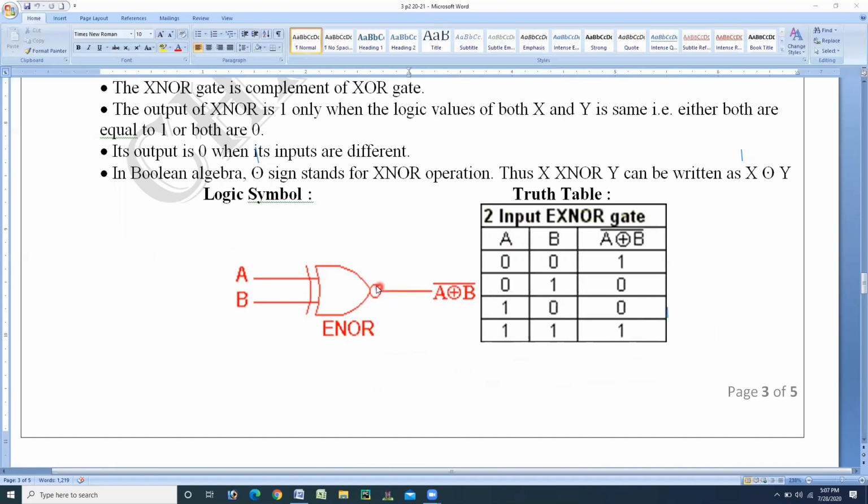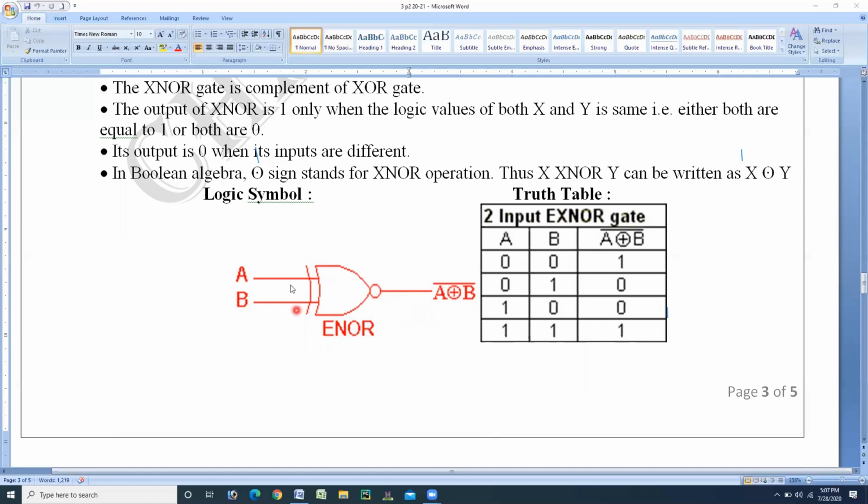For the OR gate we added one curved line, that becomes exclusive OR. If you add at the output side a NOT symbol, that is a bubble or a small circle, then that becomes the exclusive NOR logic symbol.